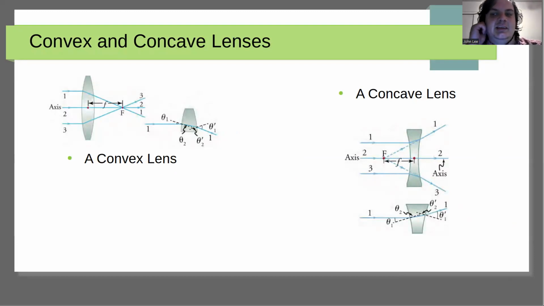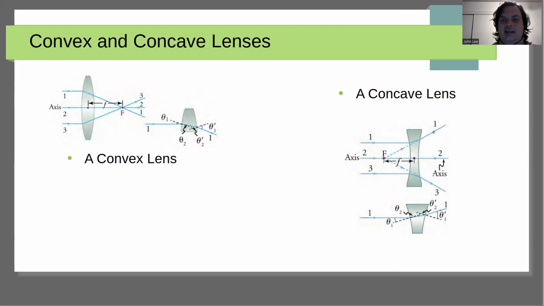So you can see that concave lenses are always going to produce imaginary images, because it looks like the light is coming from another object some distance away on the left side of the axis, even though the light rays never actually pass through there.